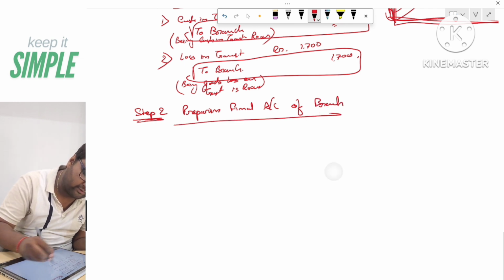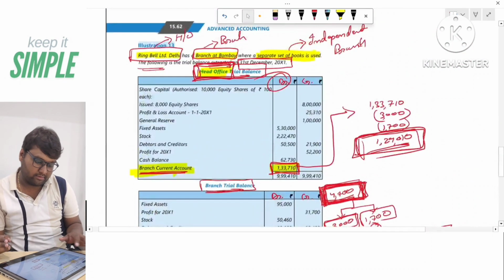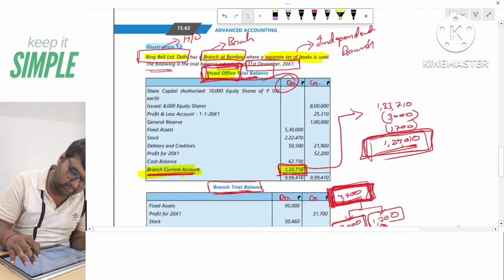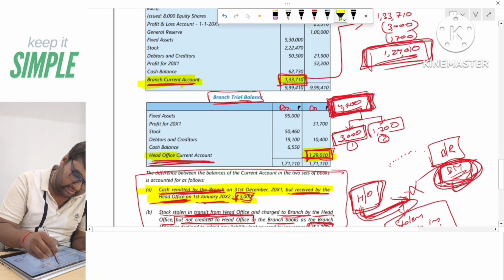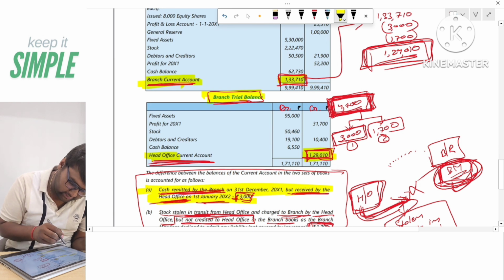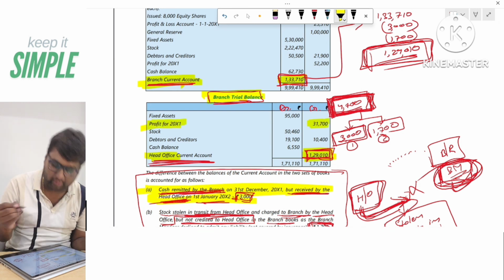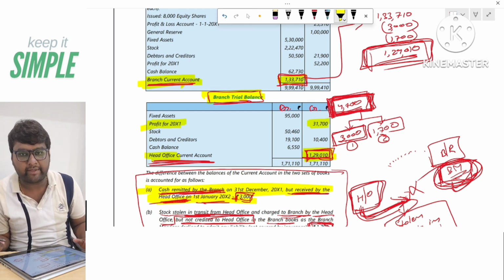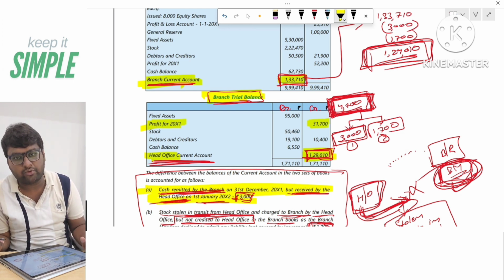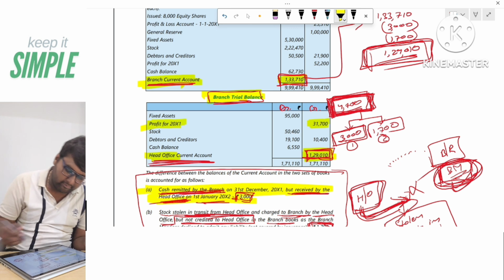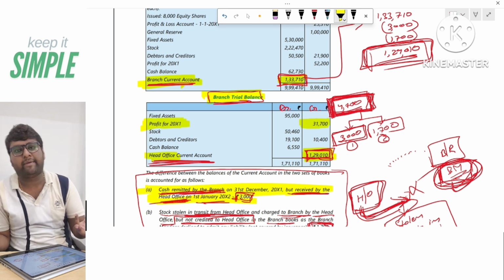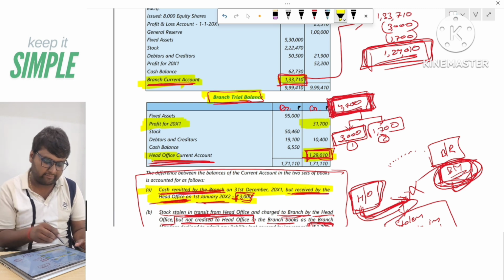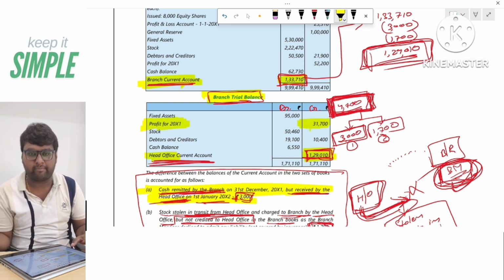But if we read the question, by reading the question we got to know that we have been given the branch trial balance, we have been given the profit, and our purpose for preparing trading account and PL account is to get the net profit, but we have already been given the net profit, so we will just prepare the balance sheet. We don't have to prepare the trading and profit and loss account.